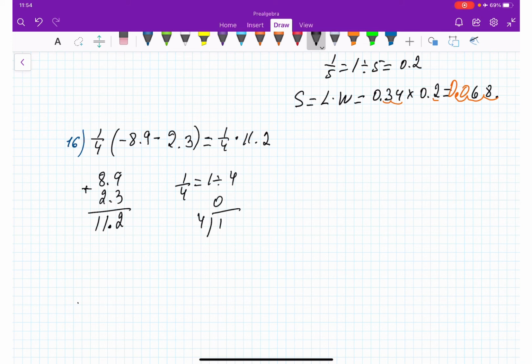Then adding 0, 10 divided by 4 is 2. 2 times 4 is 8. Remainder is 2, adding one more 0. 20 divided by 4 is 5. So 0.25. So this is equal to 0.25 times 11.2. Okay?